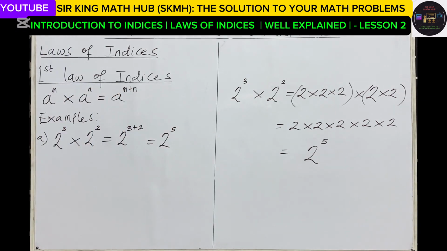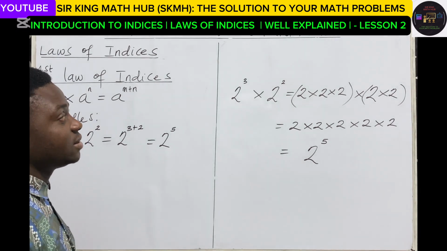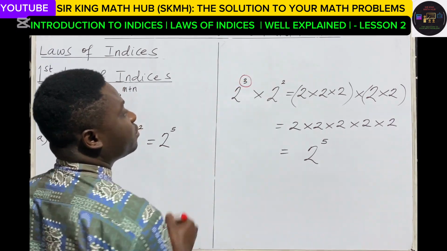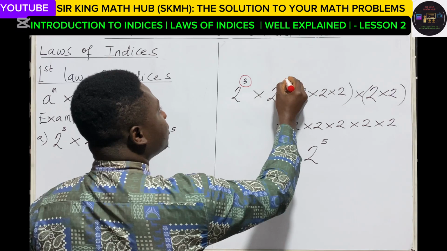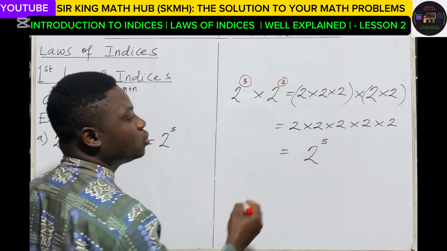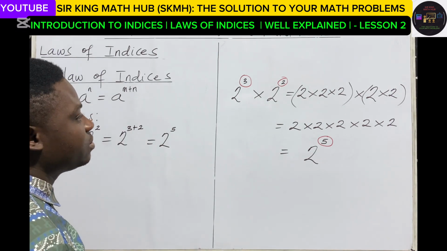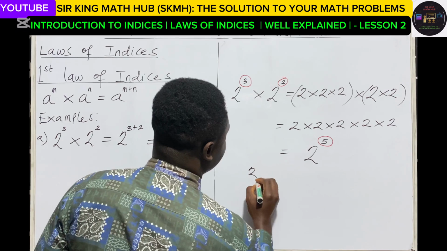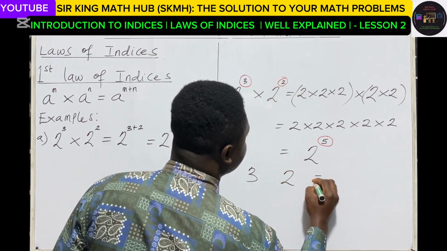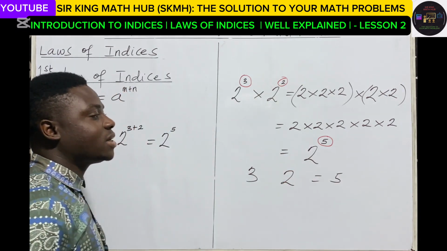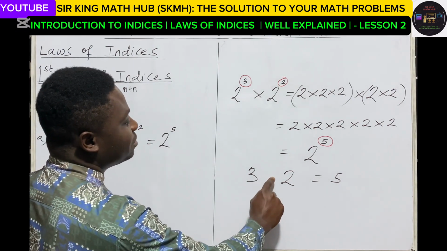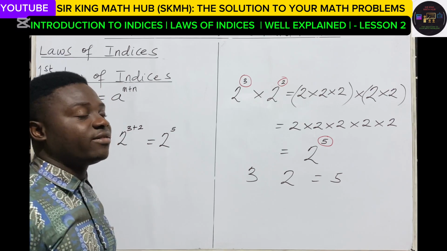Now, let's look at the relationship between the indexes. Here the index was 3, the index was 2, and then for the final answer, the index is 5. So 3, 2, giving us 5. What basic operation must be placed between 3 and 2 to get to 5?